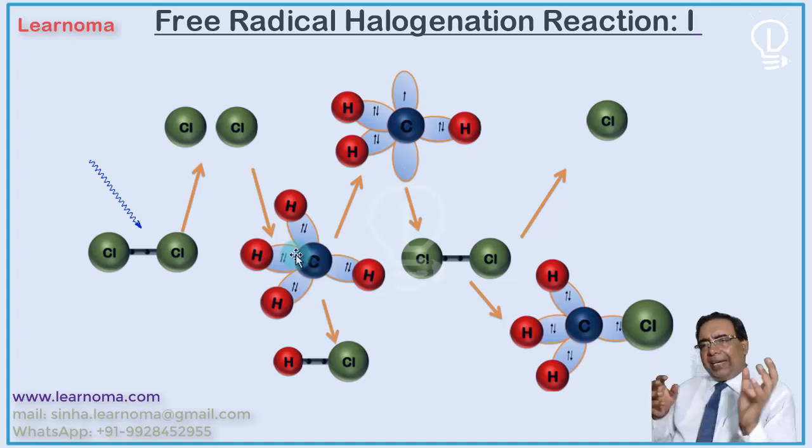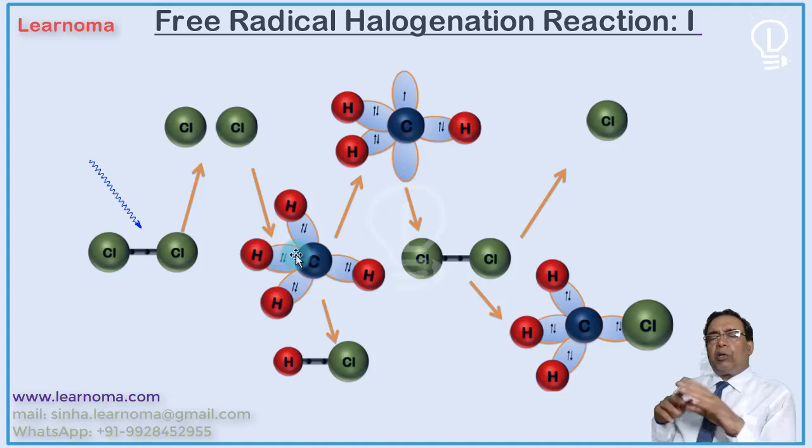Whatever the direction or orientation, they collide with the methane because all the molecules are in constant and random motion. Because of motion they collide, and because of the energy of chlorine, some of the collisions are very effective, and the chlorine collides with the methane molecule to form HCl as well as the methyl radical, CH3 radical.